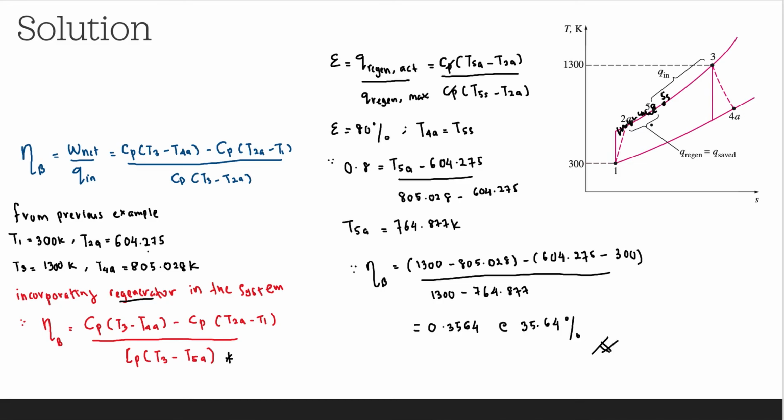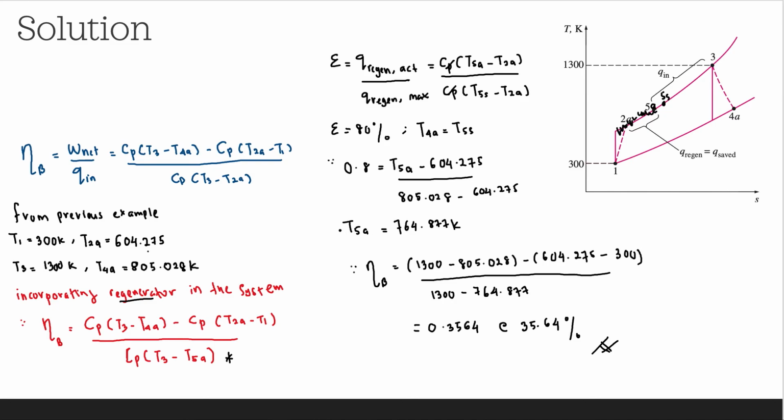T5S. Okay, so we replace all the values. Okay, 0.8 is equal to T5A, which we want to find, minus T2A given here, over T5S. Please remember that T5S is equal to T4A, minus T2A.